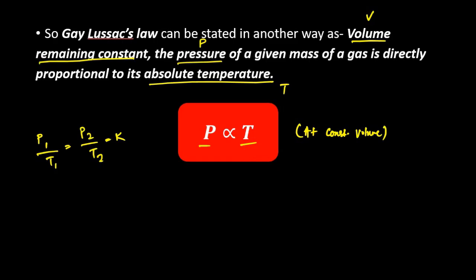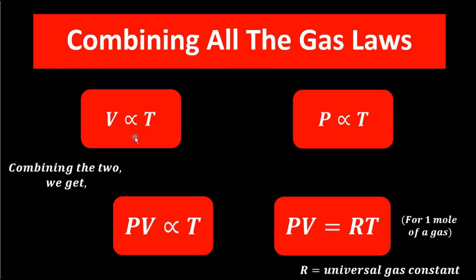So we have these three pieces of information. If we combine all of them, we get PV is directly proportional to T, that is, the product of pressure and volume is directly proportional to temperature, and R is the universal gas constant.